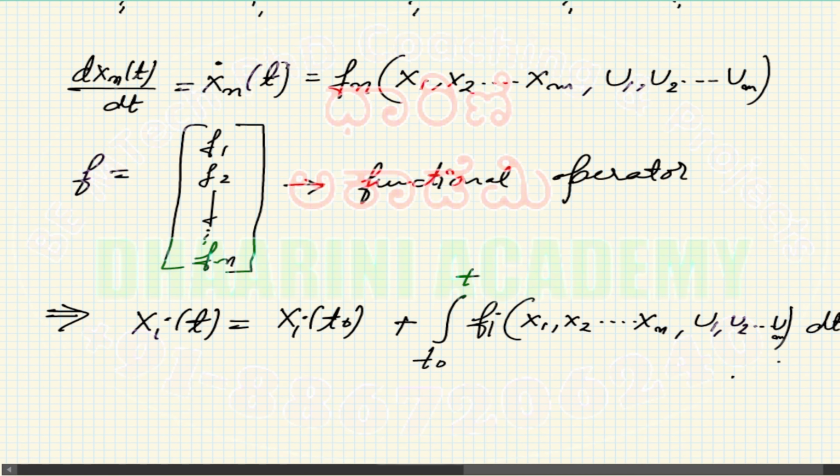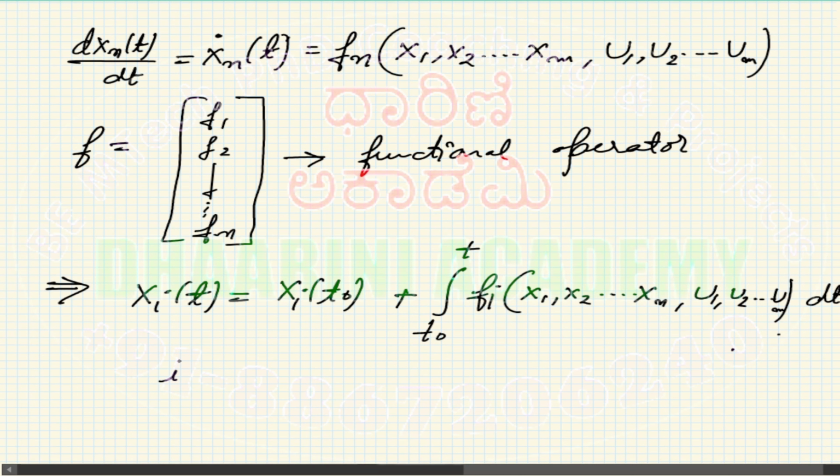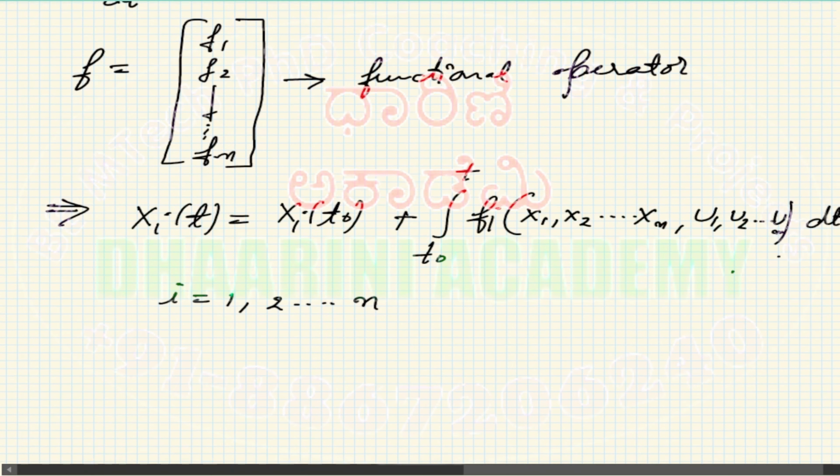So what could be the i values? Now we are generalizing, so I can take 1, 2, up to n, because there are n different states. It's an n-dimensional time invariant system. How do you represent the state equations in that case?